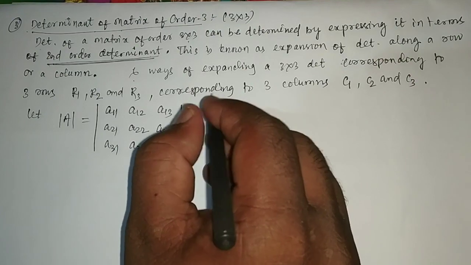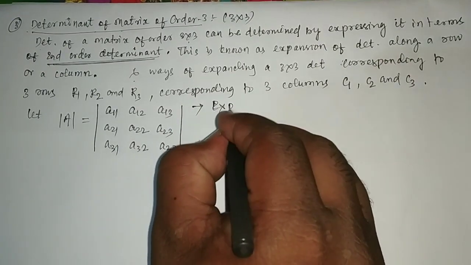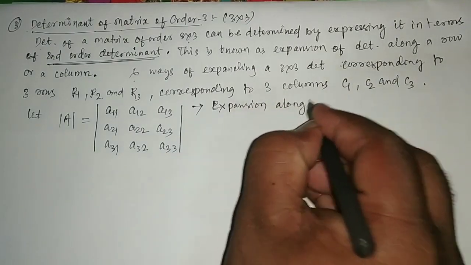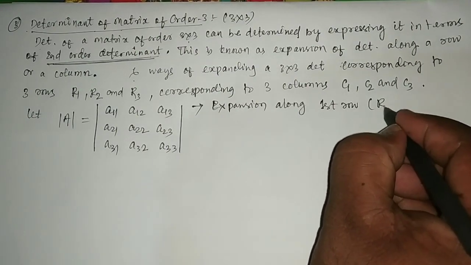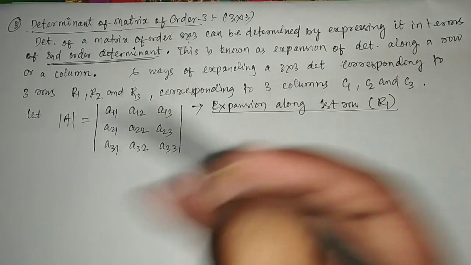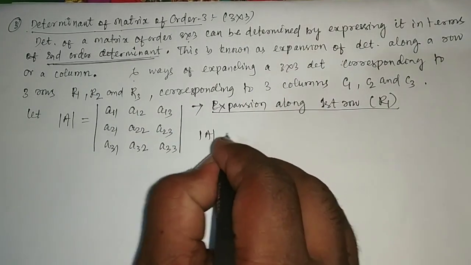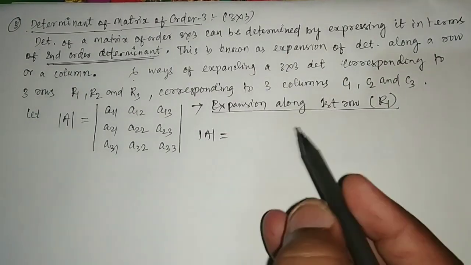First we discuss expansion along the first row, that means R1. The determinant of A can be evaluated along R1 by this process.